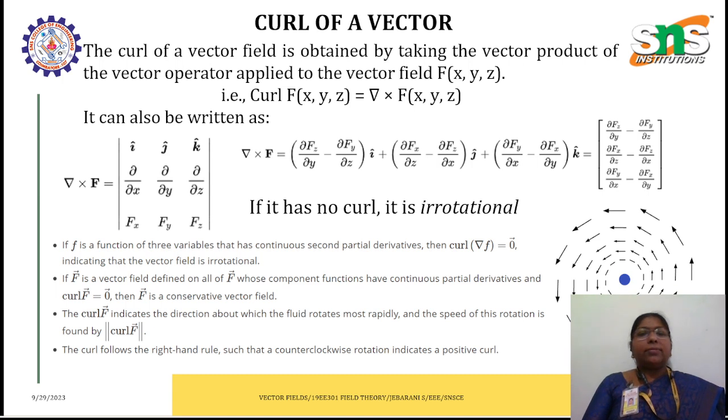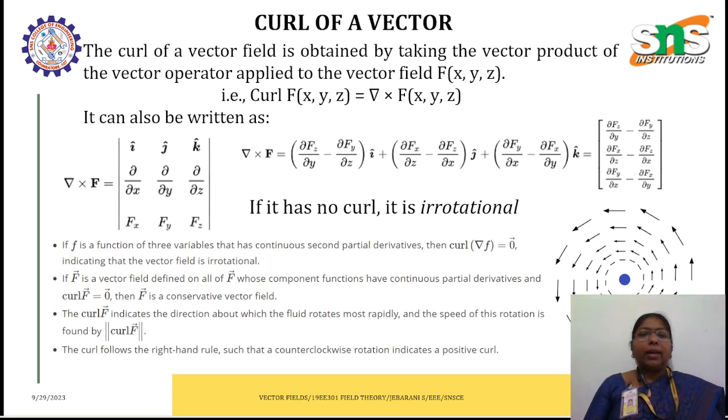The next fundamental is the curl of a vector. When you take up a curl, it becomes a cross product. By the name itself, we can say that it is going to have a rotational property.